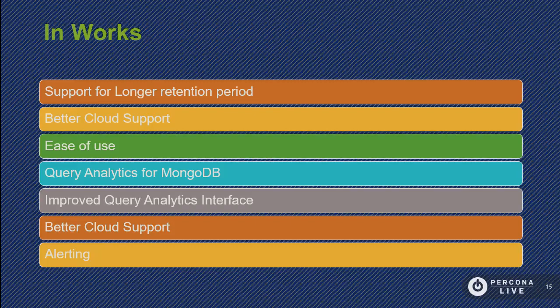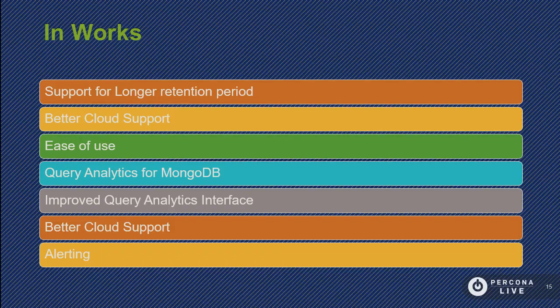We're also looking for better support for cloud. We want to make sure it's something very easy to use, where you can add cloud instances with no agent required and make it more streamlined. We want that also to be, in general, easy to use. That is a very big thing.